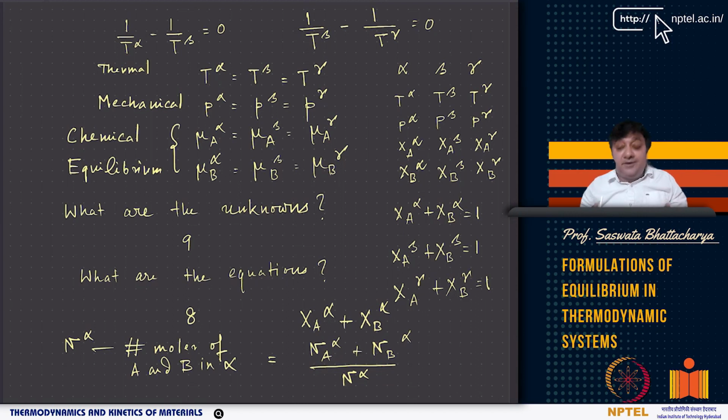But you do not want to determine such a system because you do not have a way to determine an exact equilibrium values of T alpha, T beta, T gamma, or XB alpha, XB beta, and XB gamma if you basically have more unknowns than equations, right? Now what do we do?